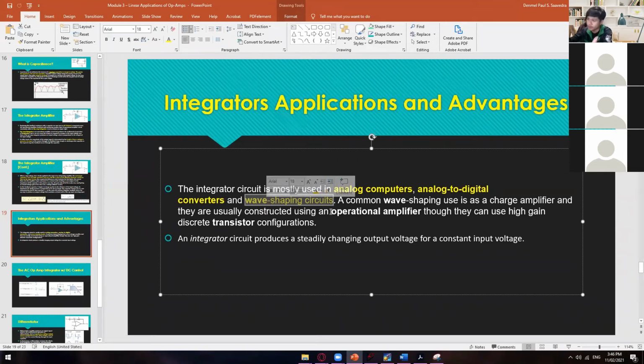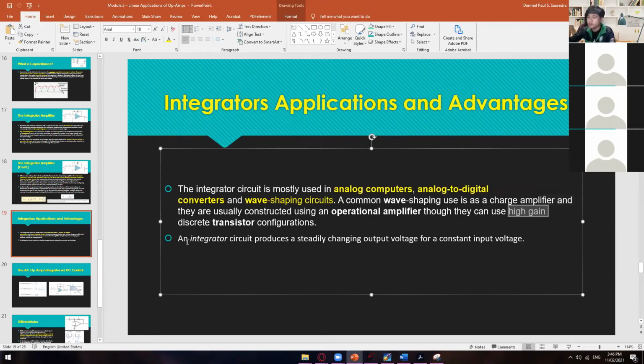With the use of an integrator, we can actually control the shape of the outputs of your circuit, or your waveform. A common wave shaping use is a charge amplifier, and they are usually constructed using an operational amplifier, though they can use high gain discrete transistor configurations. Any op amp can actually do it, but of course there is a con wherein you're going to get a very high gain, like an infinite gain.